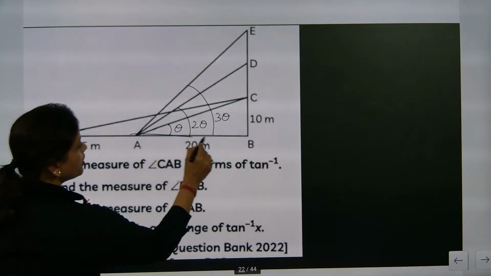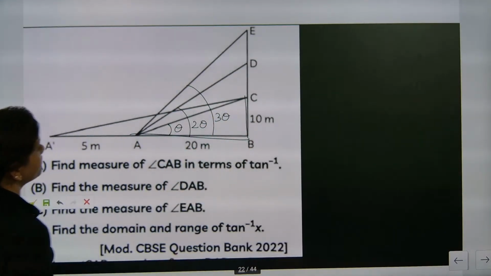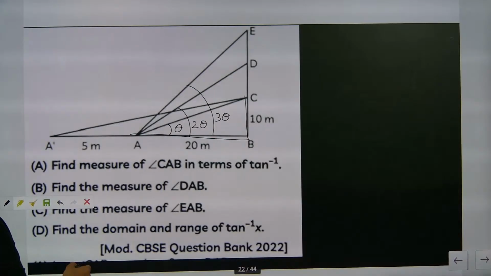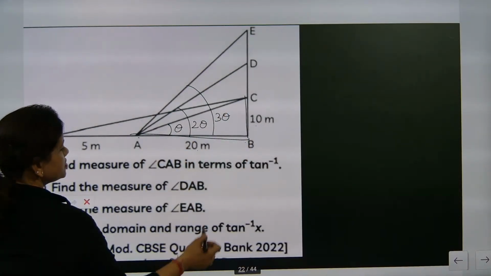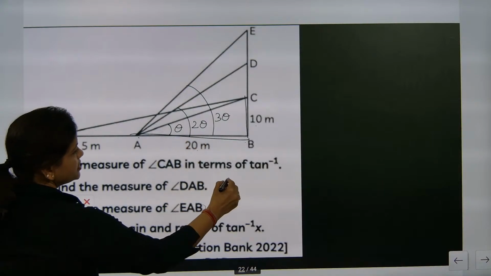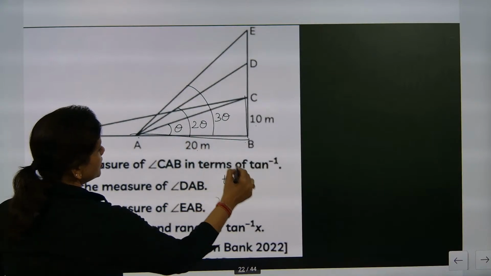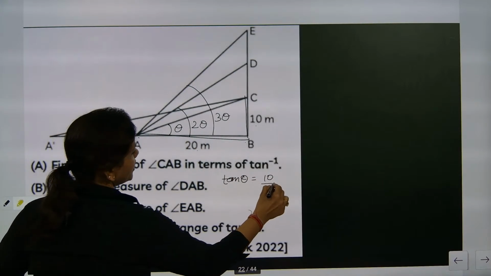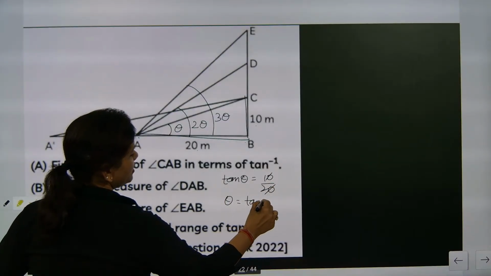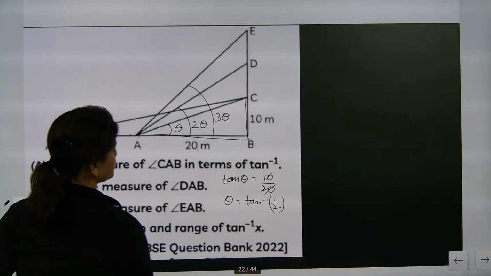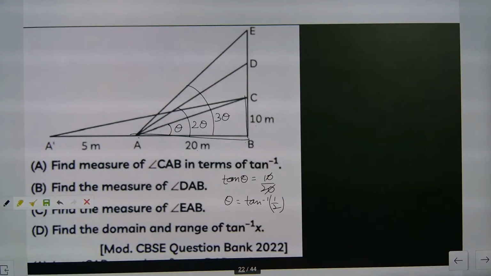This distance they have already given as 20, and this distance as 10. For angle CAB, this is 10 and this is 20. What can we write for angle CAB? Tan theta is equal to 10 by 20. So theta is equal to tan inverse 1 by 2. We can write like that.